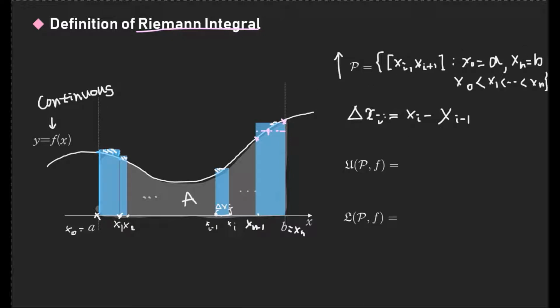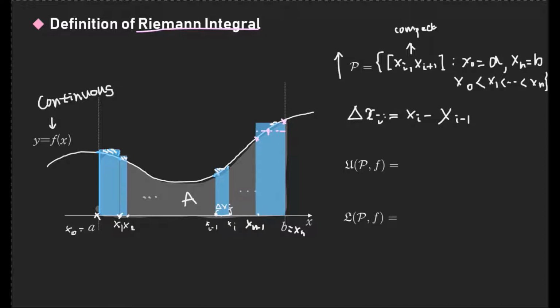Then, when considering this interval, because it is closed and bounded, it is clearly compact. Given that f(x) is a continuous function defined on a compact set, the maximum value and the minimum value clearly exist.